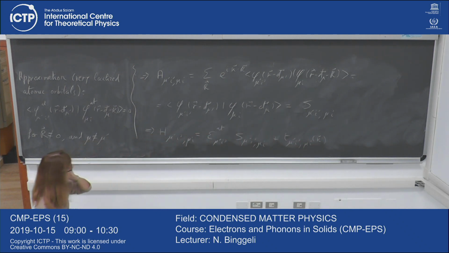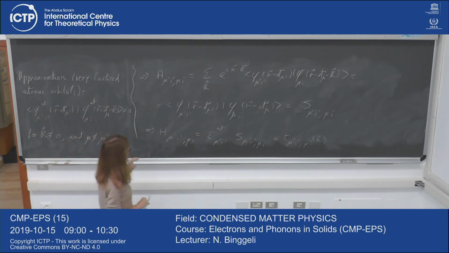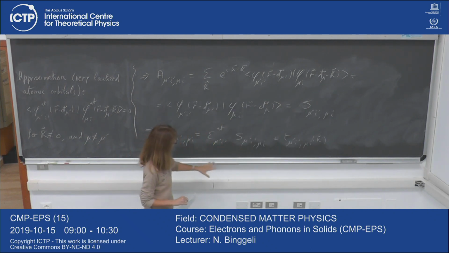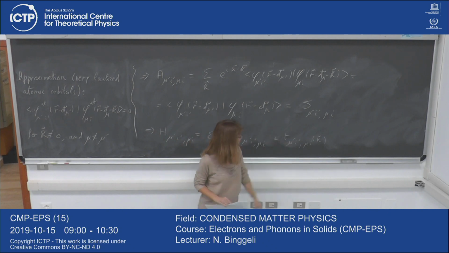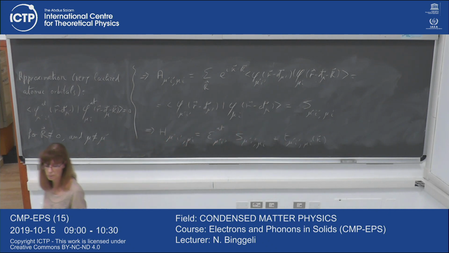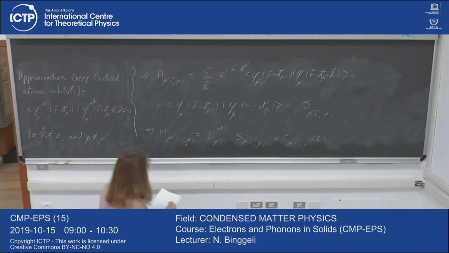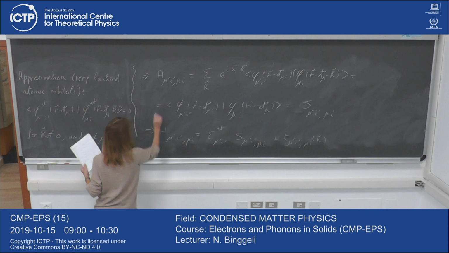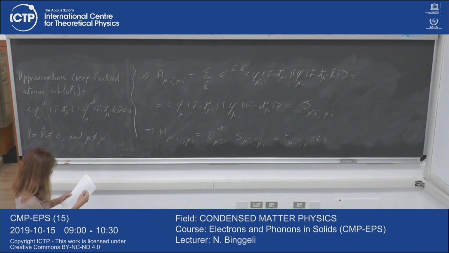So the first part doesn't depend on k, only the hopping term will depend on the k point. Okay? Alright, so that's our simplification for the tight binding model.